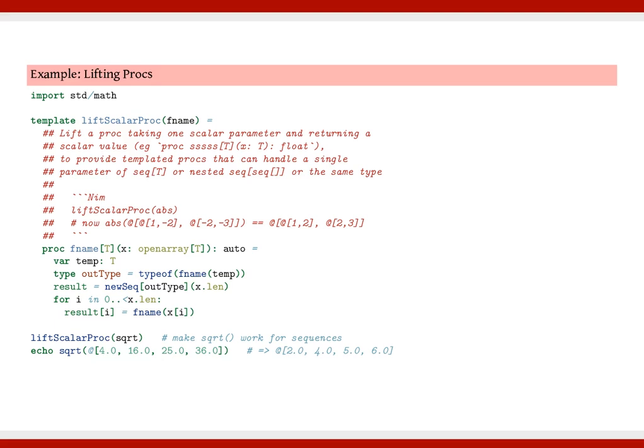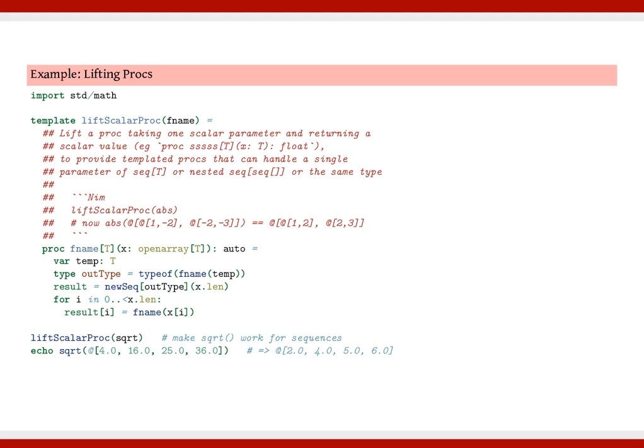Example, lifting procs. Import std/math. Template liftScalarProc(fname) = # lift a proc taking one scalar parameter and returning a scalar value (for example, proc ssss[T](x: T): float) to provide templated procs that can handle a single parameter of seq[T] or nested seq[seq[]] or the same type. Nim liftScalarProc(abs) # now abs(@[@[1,2],@[2,3]]) == @[@[1,2],@[2,3]]. Proc fname[T](x: openarray[T]): auto = var temp: T. Type outType = type(fname(temp)). Result = newSeq[outType](x.len).